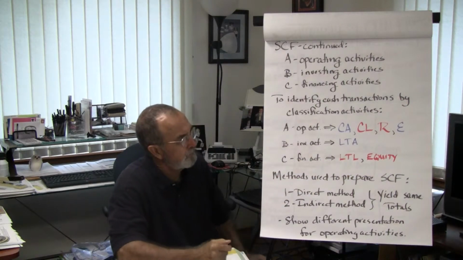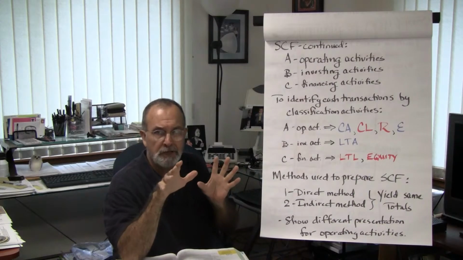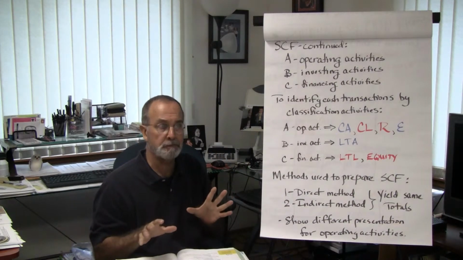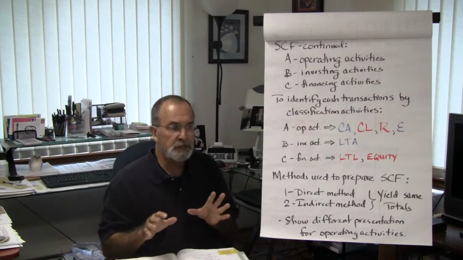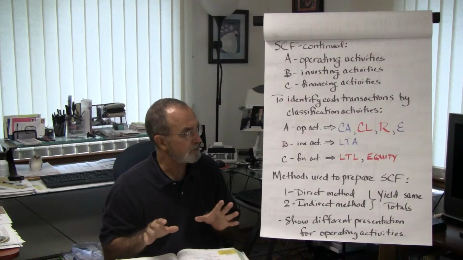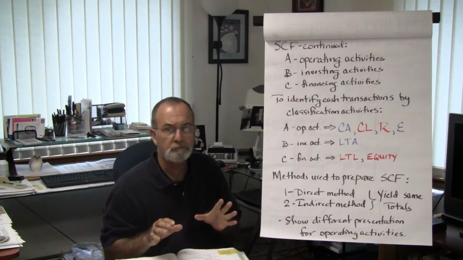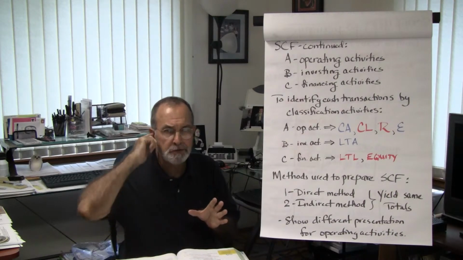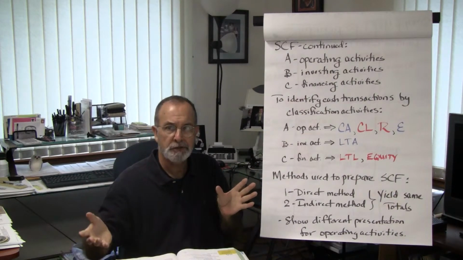And hopefully by now you have come to recognize the relationship between different accounts on our different financial statements. For instance, anytime we make a sale for cash, we would debit cash and credit sales.